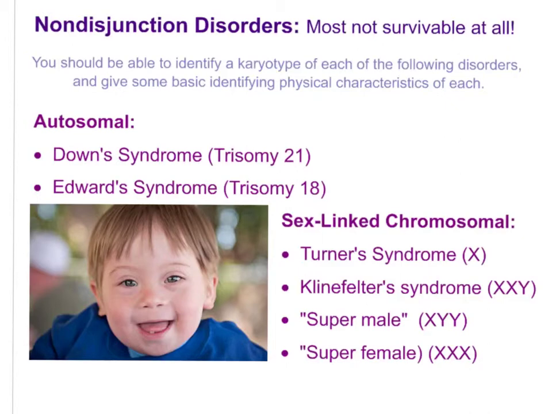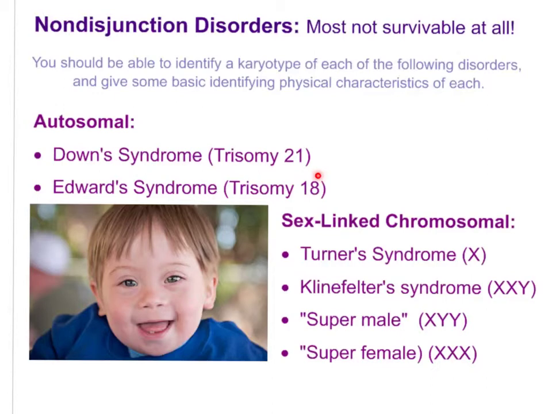So the other disease besides Down syndrome here, we have Edwards syndrome, the second most common non-disjunction disorder. It's called trisomy 18 because there is an extra 18th chromosome. It is not that survivable, however.